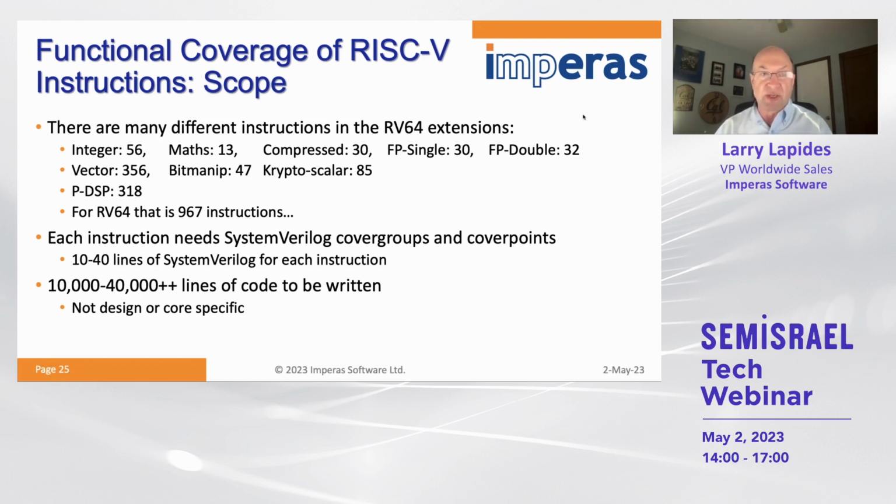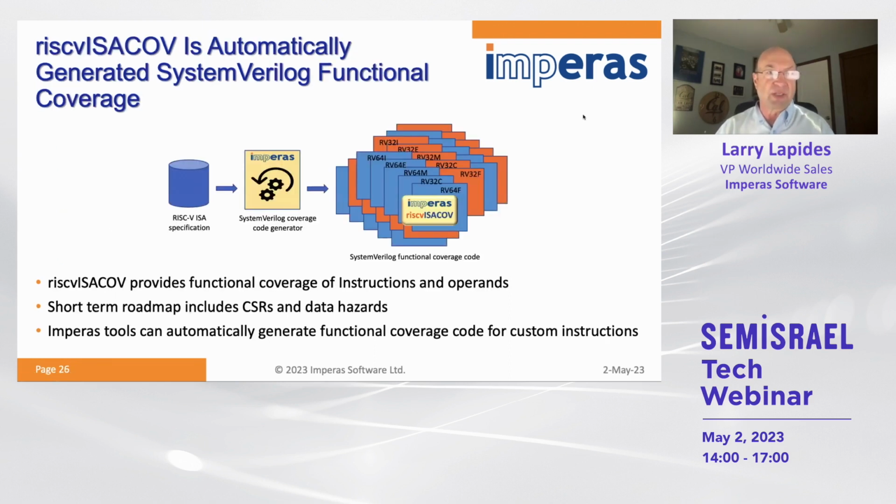This is just the basic functional coverage that is needed. And so what we've done at Imperas with RISC-V ISACOV, this is automatically generated SystemVerilog functional coverage. So we've built a coverage code generator here, and it supports the full RISC-V specification.